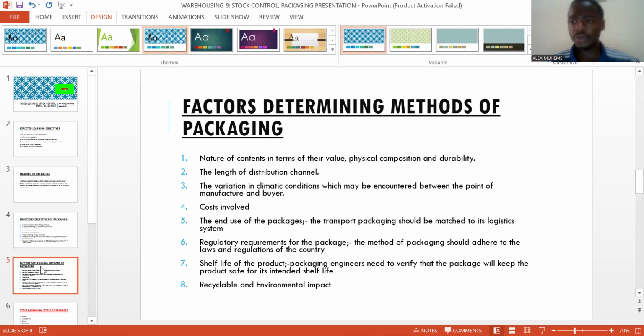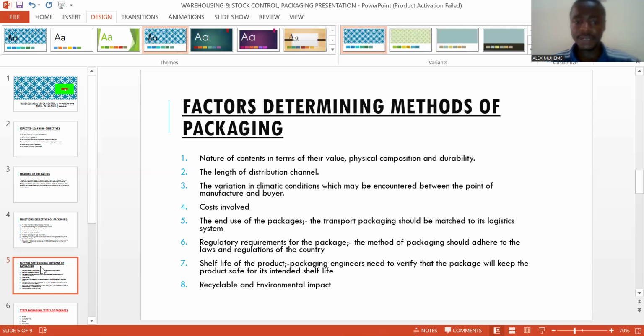So you'll be able to know which method is suitable for your packaging. Another factor is the variation in climatic conditions, which may be encountered between the point of manufacture and the buyer. So the climatic condition is also a factor.